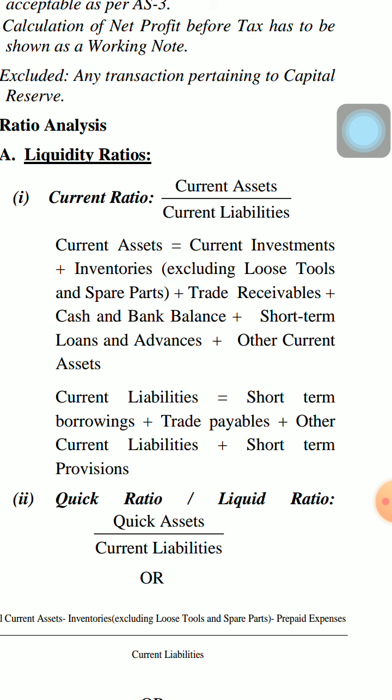So these components consist of current assets, and current liabilities are those liabilities which may have to be paid anytime. So short term borrowings, trade payables, other current liabilities, and short term provisions.